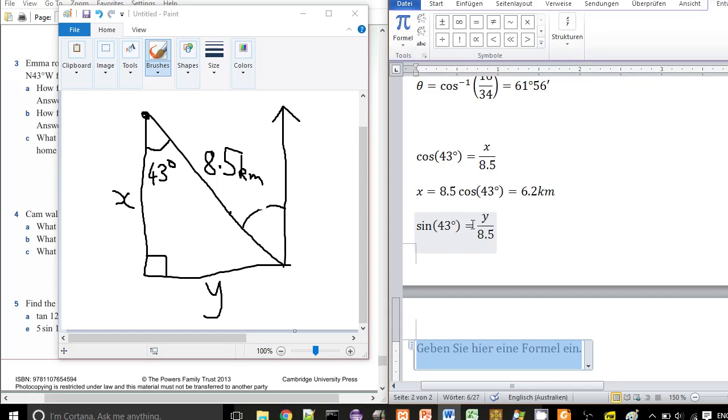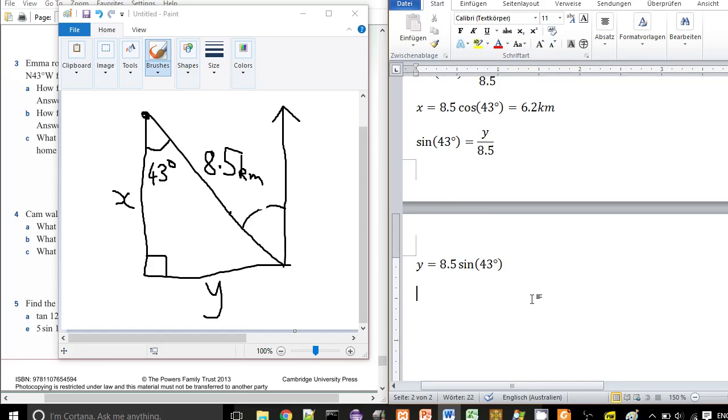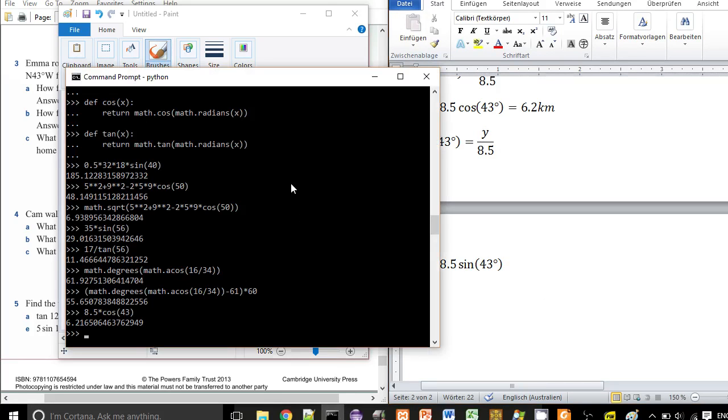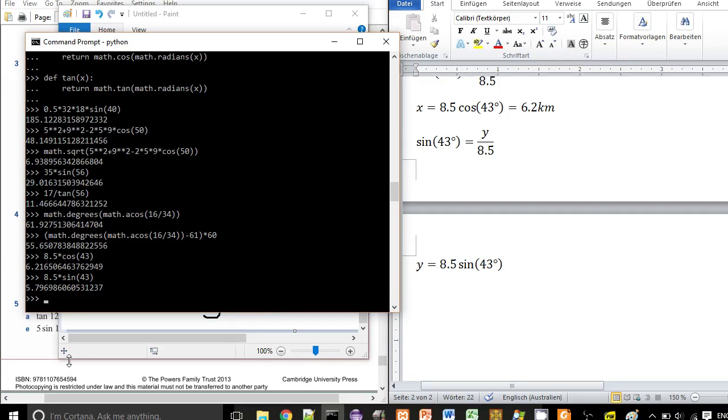We need to times by 8.5, so y is 8.5 sine 43 degrees. Anytime you notice a pattern and you can take a shortcut, feel free to jump ahead, but otherwise I like to just follow the process one step at a time.